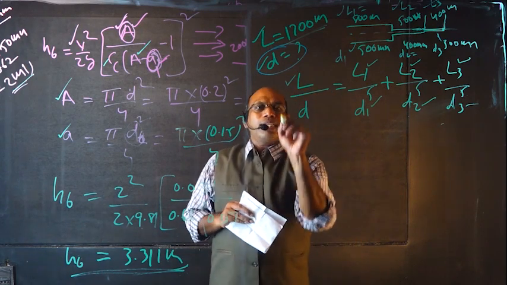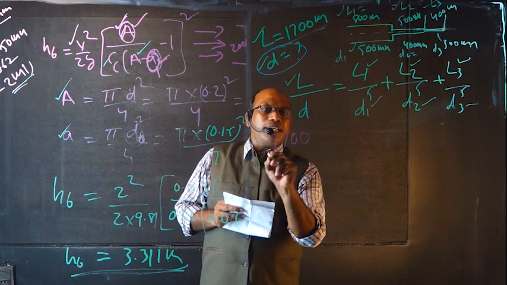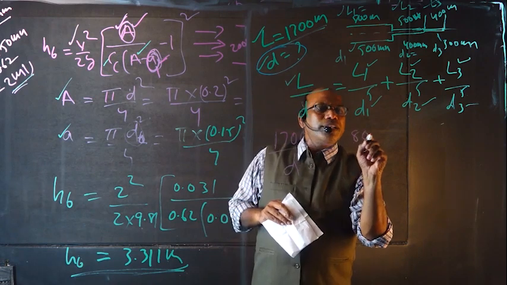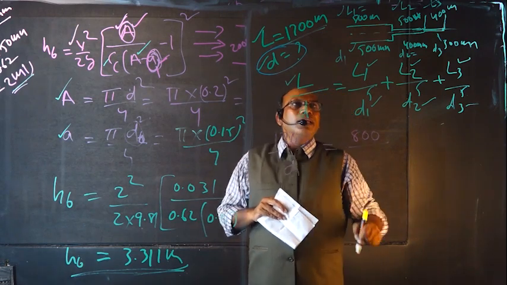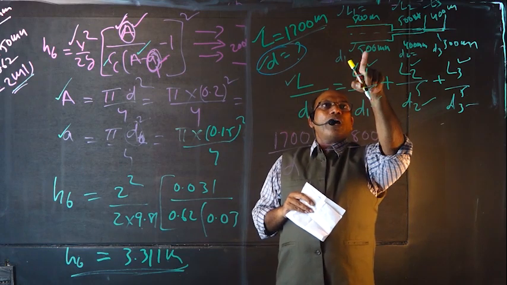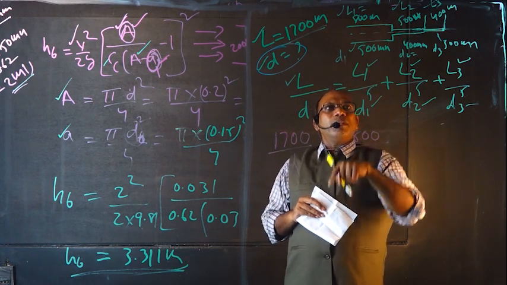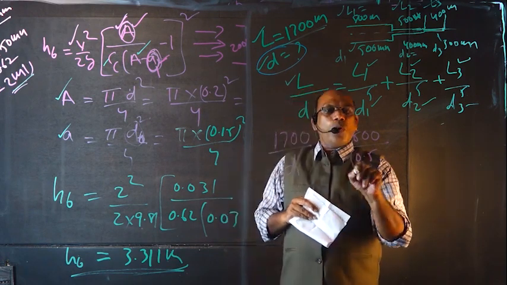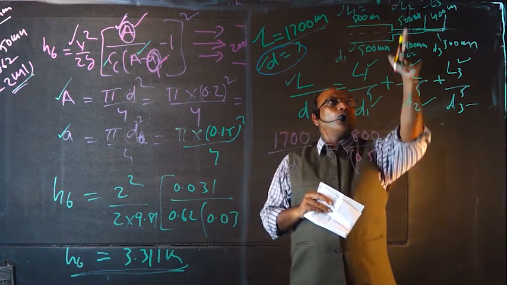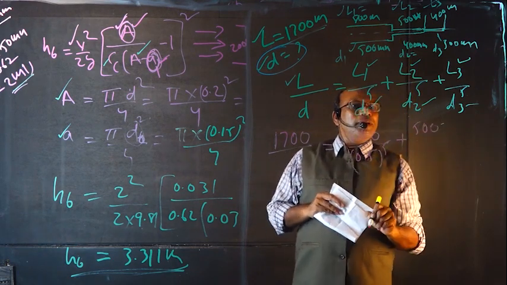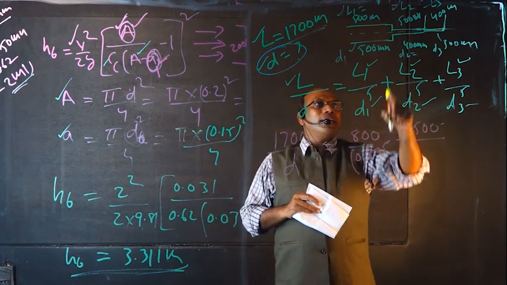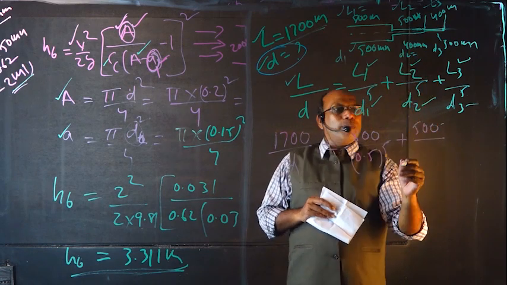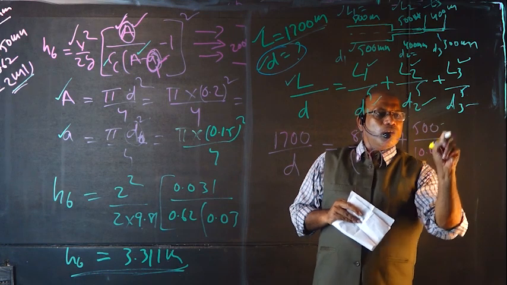Right. L, what is L? 1700. 1700 divided by D power 5 is equal to L1, 800 meters divided by D1, which is 500 mm, that means 50 centimeters, that is 0.5 meters, whole power 5, plus L2, 500 meters divided by D2, which is 400 mm, 40 centimeters, 0.4 meters, 0.4 power 5.